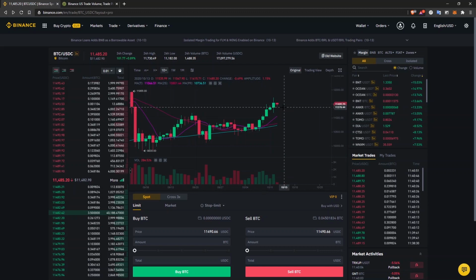So the day opened at this price, you can even see here on the right side the price, and right here is the close price, which means at midnight the price of Bitcoin was $11,545 USDC, I mean, and the open price was around 11,379 USDC.